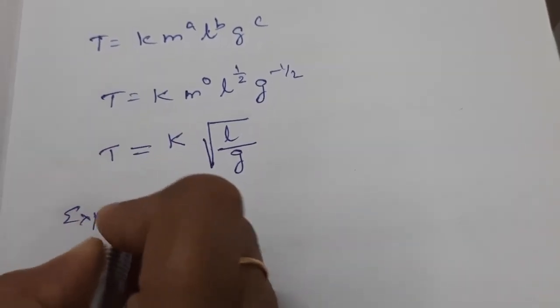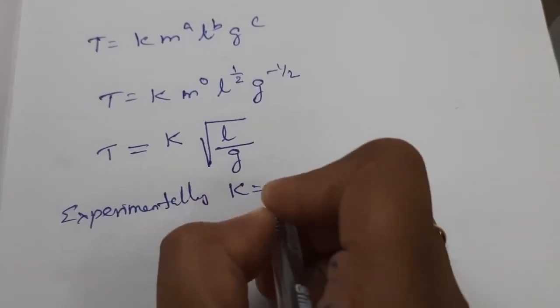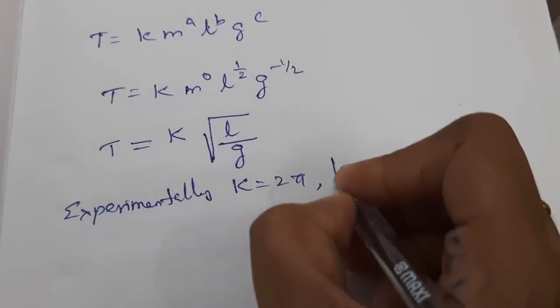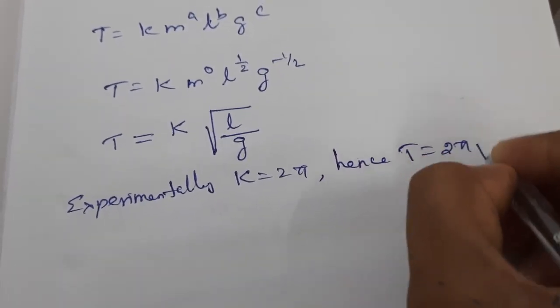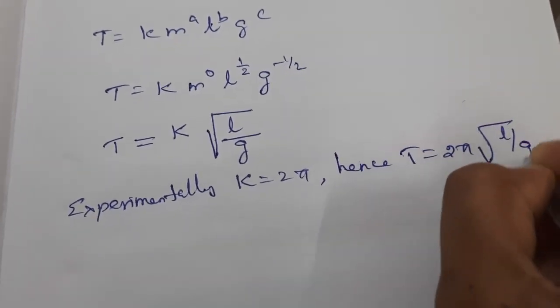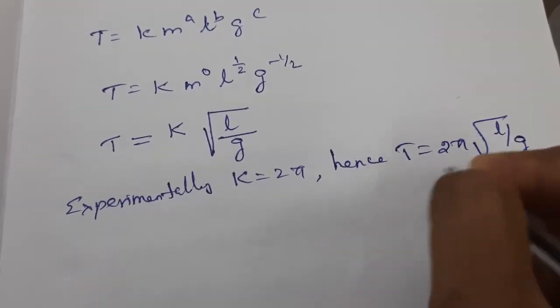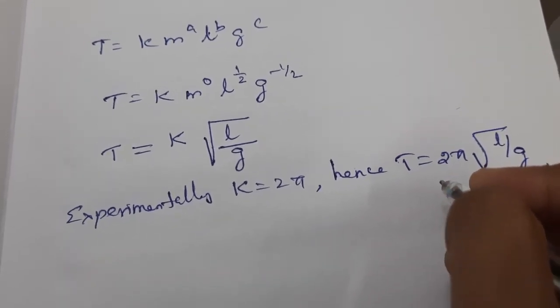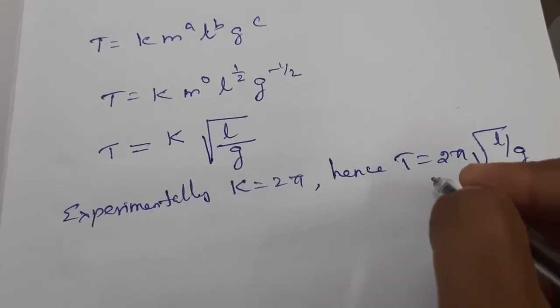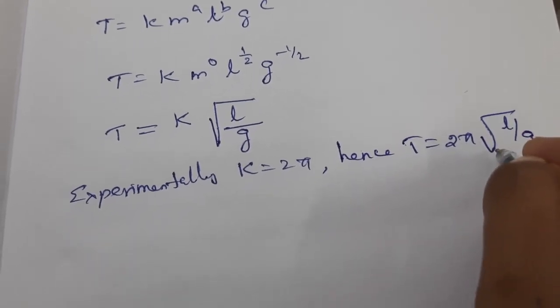Experimentally, k equal to 2 pi. Hence, T equal to 2 pi into root of L by g. So this is the relation for the time period of a simple pendulum.